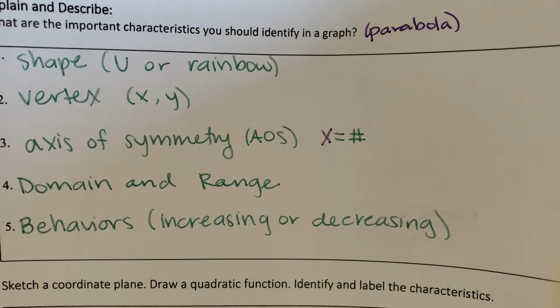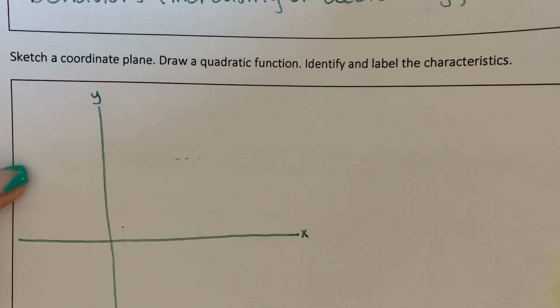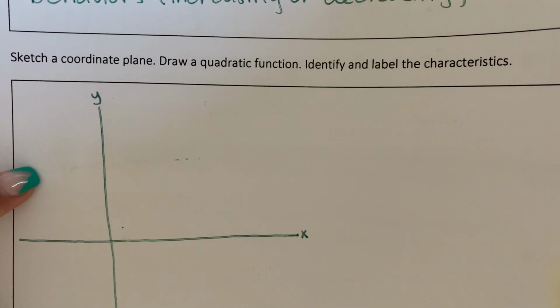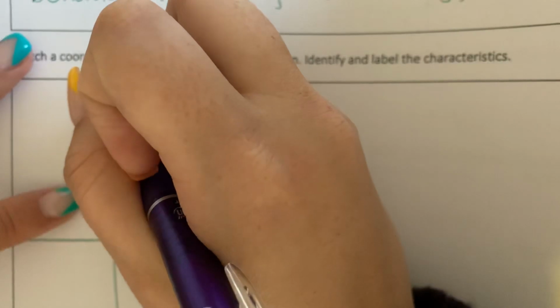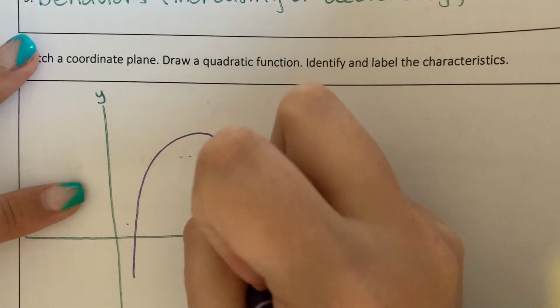So let's draw one and identify and label all the characteristics. We're just making this up, so it can look like whatever we want it to look like. No parameters here. So let's have it be rainbow shaped.